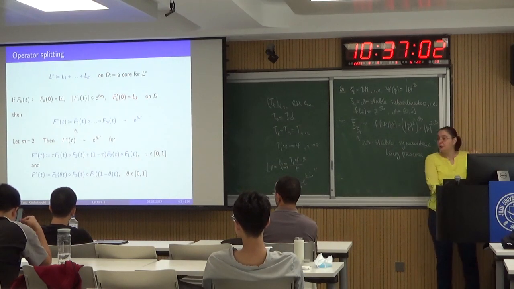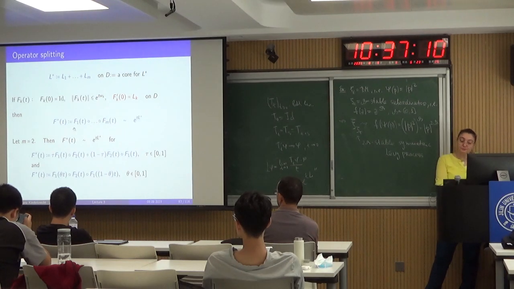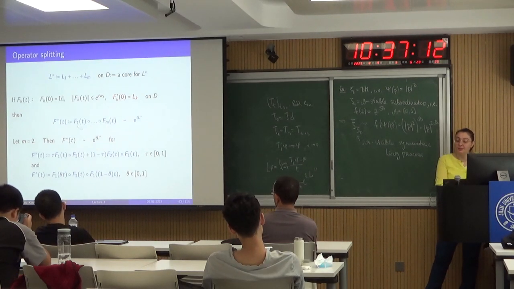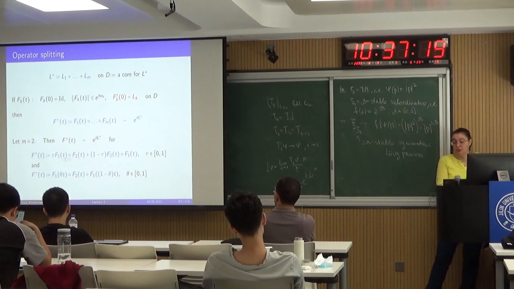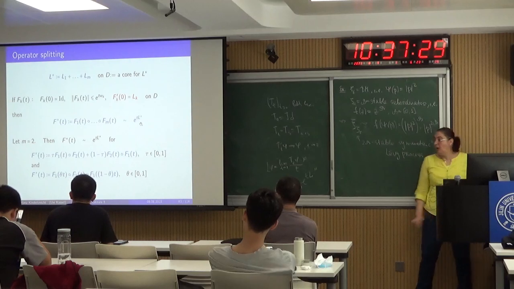I can also compose F2 with F1. So the ordering here does not matter. I can consider F1 composed with F2, or F2 composed with F1, or just a mixture of such two orderings. So for any tau here, we obtain a family which is Chernoff equivalent to the semigroup.